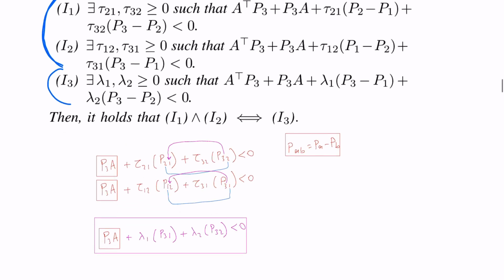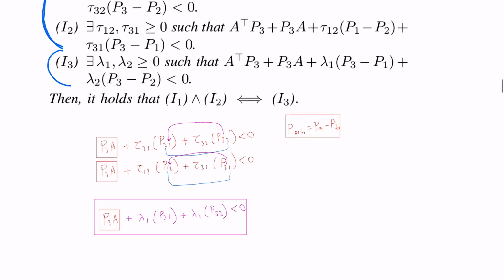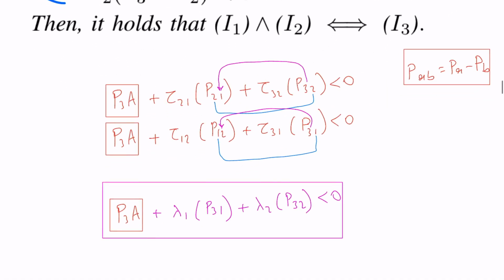So yeah, here's the proof. Again, instead of writing P times A plus P A transpose, I basically wrote that. So I wrote what we have as condition 1 and then condition 2.